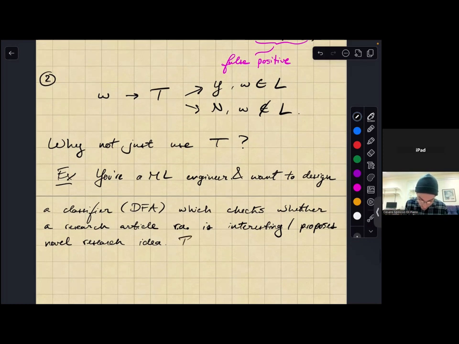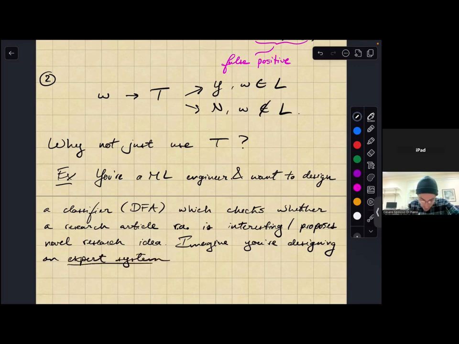So imagine you're designing an expert system. An expert system in classical AI was this fancy word that people used to just mean a program with a collection of if then else statements.